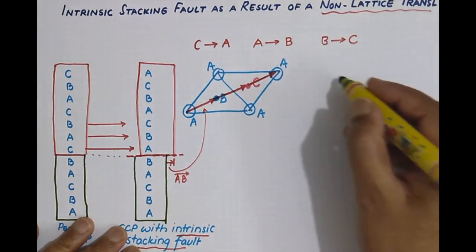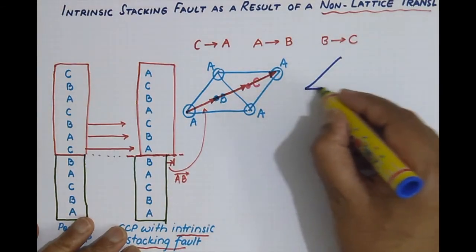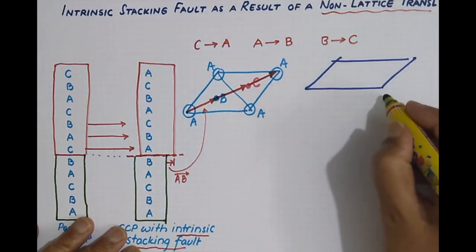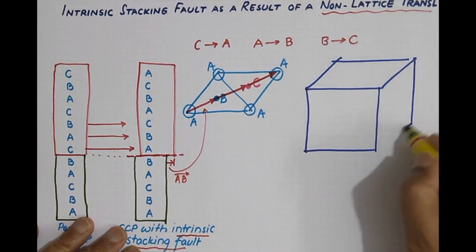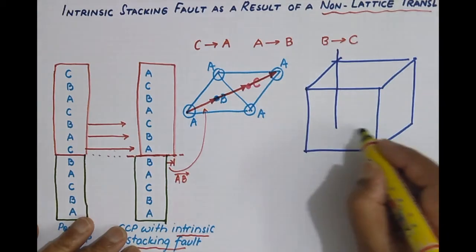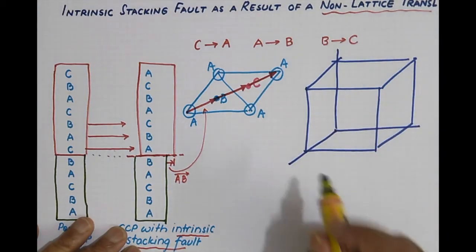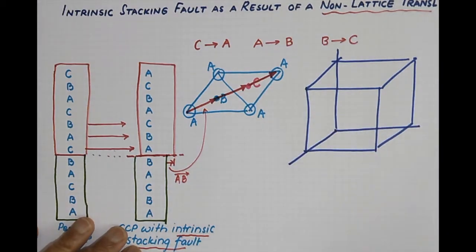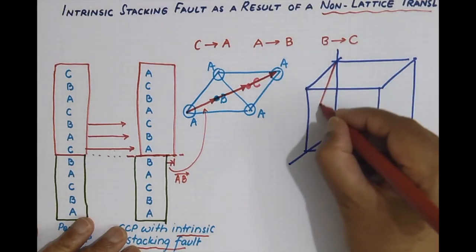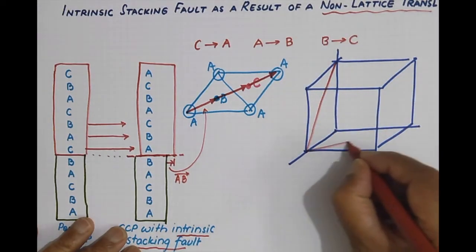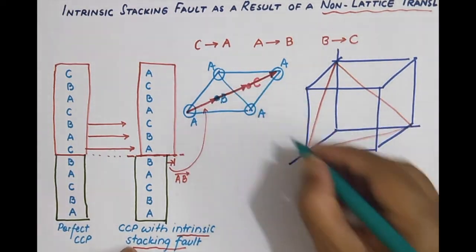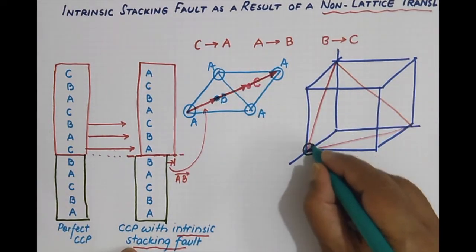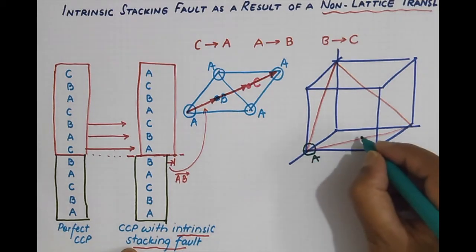So remember, let us relate this to our unit cell, the 1, 1, 1 plane which we had drawn. This is our 1, 1, 1 plane. So the atoms which I have drawn here, let me try to redraw them here.